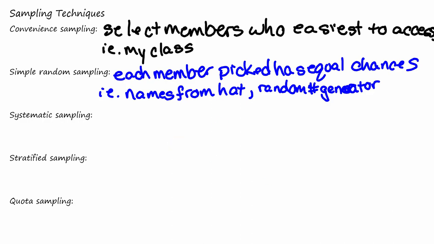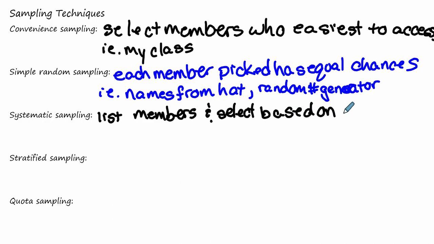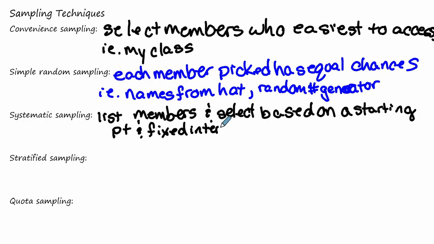Systemic sampling. What you're going to do is you're going to list out members and select based on a starting point and fixed interval. So again, everybody has a number.